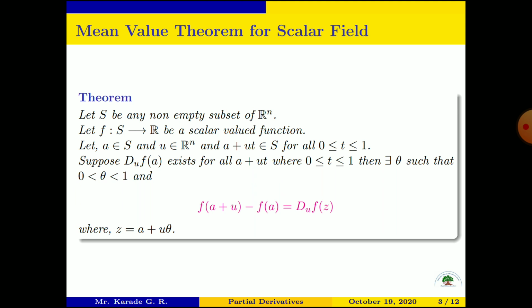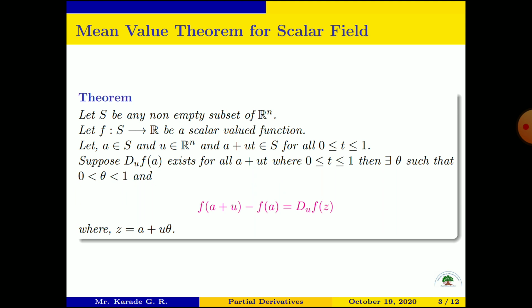Now see here, first of all we understand the statement of the mean value theorem for scalar fields. To define a scalar field, we need a non-empty subset S of Euclidean space Rn. Therefore, we have taken one non-empty set S, and the scalar field, or scalar valued function, is defined from the non-empty set S to the set of real numbers.